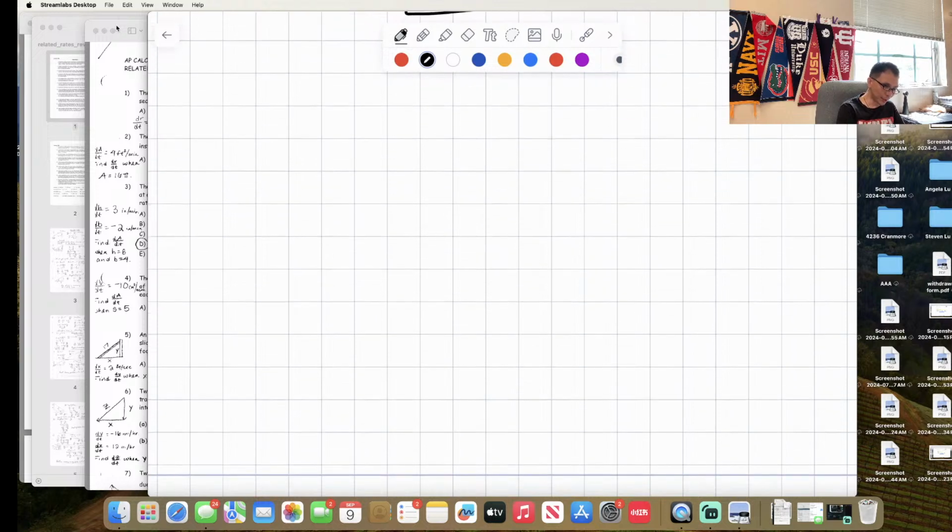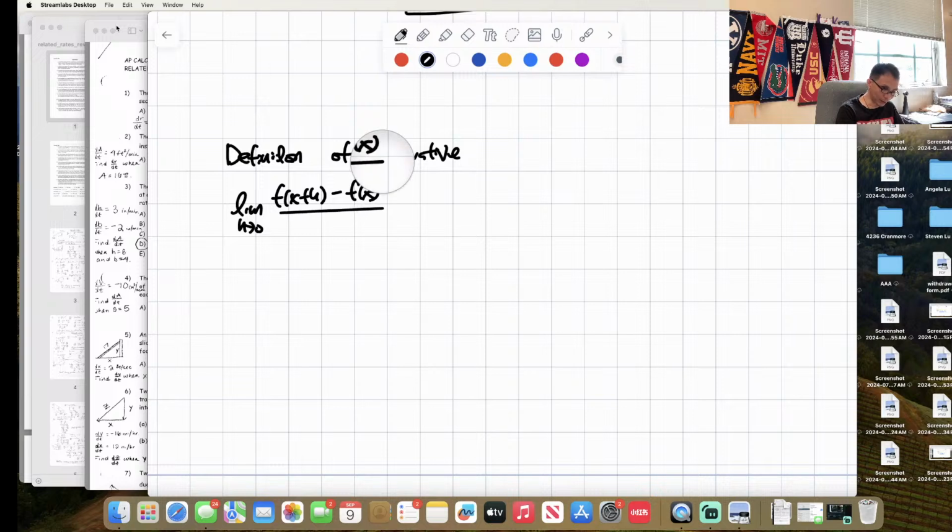This one is going to be the definition of derivative: the limit as h approaches 0 of f of x plus h minus f of x over h. We already did this a lot throughout yesterday. And this is f prime of x.